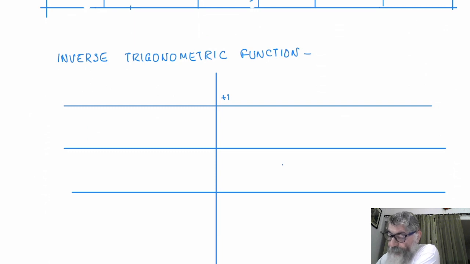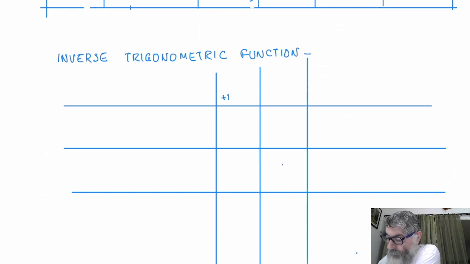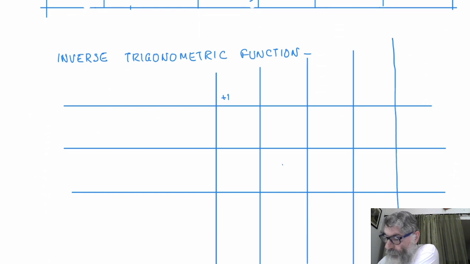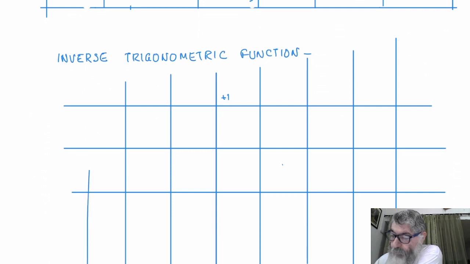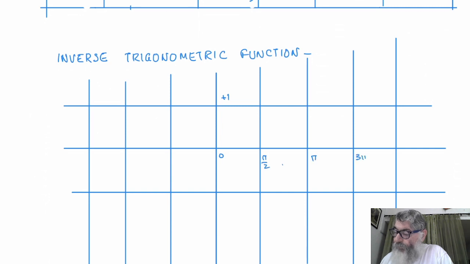Let me draw vertical lines. Now it's 0, pi by 2, pi, 3 pi by 2, 2 pi.